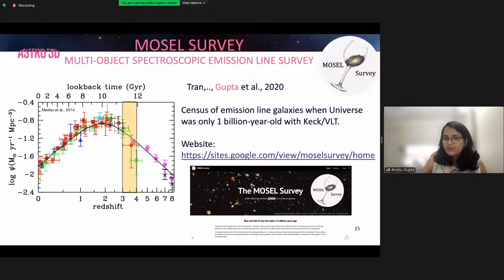Why redshift 3 to 4? Because this is a very special redshift regime where we can target the full suite of signatures. For example, the Lyman continuum regime, which is quite important for understanding reionization, for example the escape fraction. We can only access the Lyman continuum regime from ground-based spectroscopy at redshift 3.4 and above.